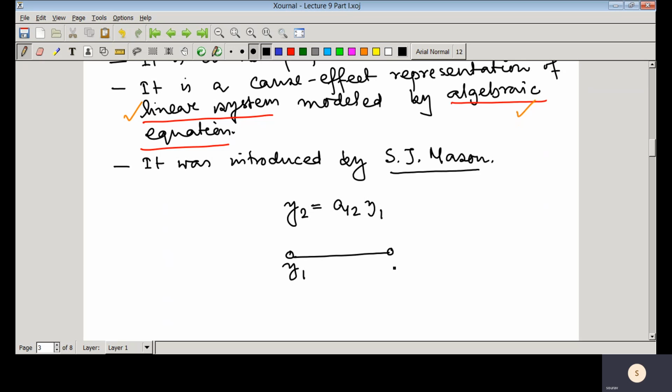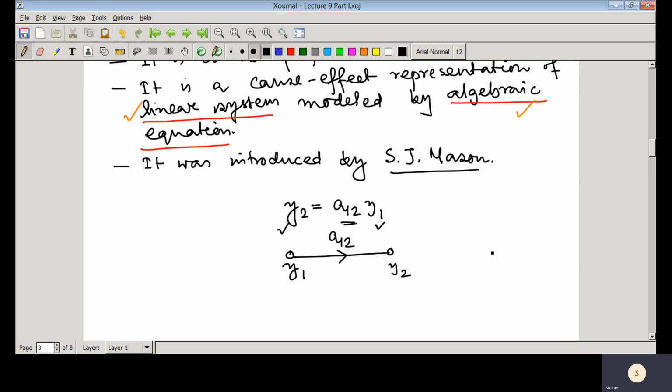One variable is y1, another variable is y2 in this particular case. And here the signal is flowing from y1 to y2. So you can see that y2 equals a12 into y1. This is the gain.